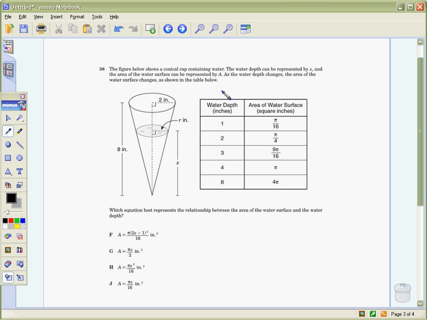So looking at our T-chart, if I choose this to be X and this column to be Y, then when I plug in 1, 2, 3, 4, 8, I should be able to get these areas back. So if I wanted to use my calculator, it probably would make more sense. It'd be a lot easier because you're going to do quite a few calculations here.